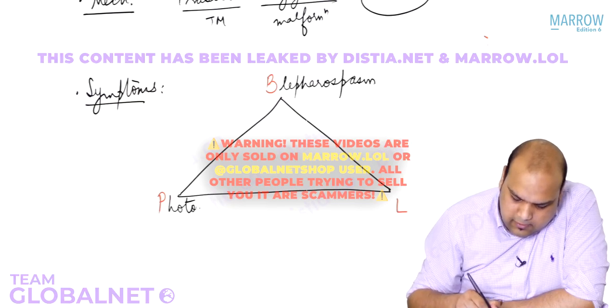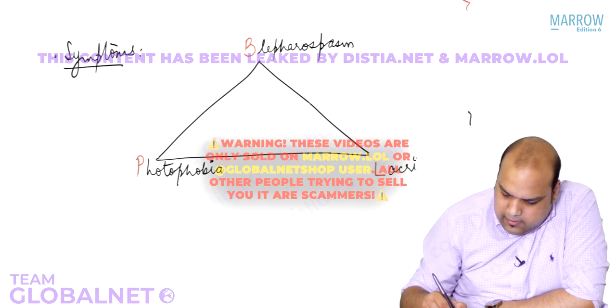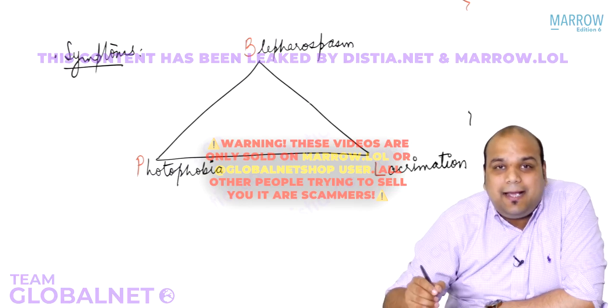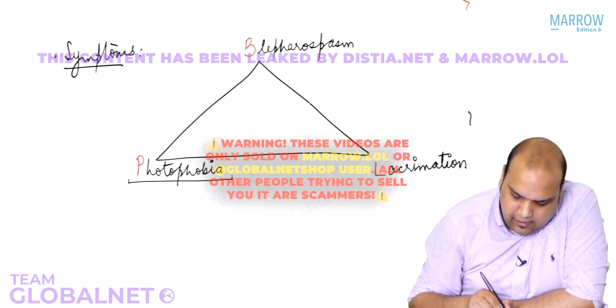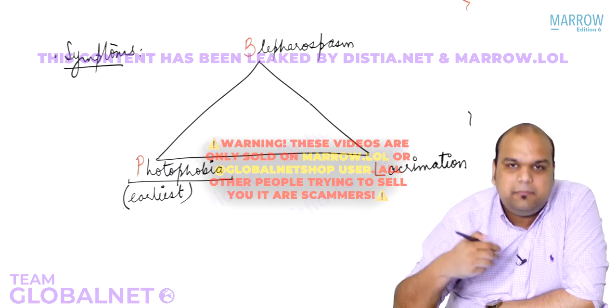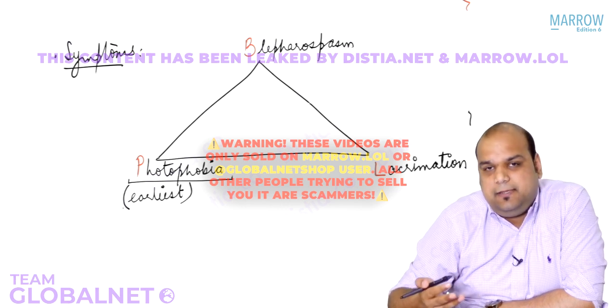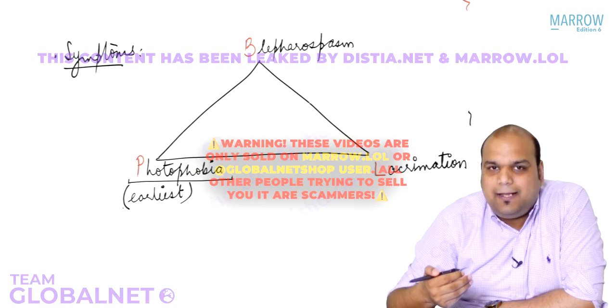P for photophobia. And L for lacrimation. Okay. Photophobia is generally accepted to be the earliest symptom that the child will present with. Okay. Done. Blepharospasm, photophobia, lacrimation.